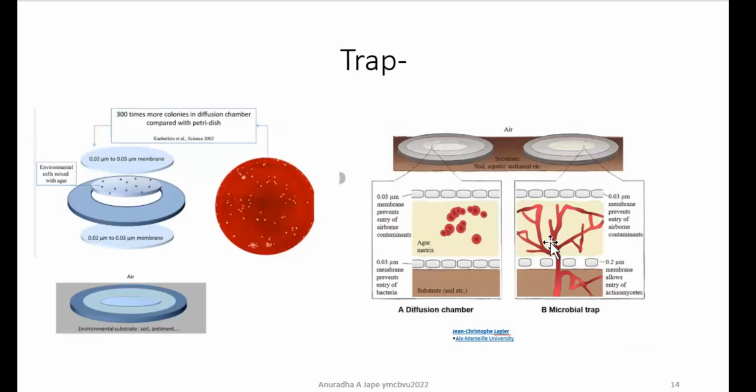But if you use a microbial trap that allows the movement of fine microbial structures like hyphae of actinomycetes, they are allowed to pass through the pores of the membrane. So these blue blocks are nothing but the matrix of the membrane. So here the gaps are nothing but the pores of the membrane. So actinomycetes are growing here, and their filament can pass through the 0.02 micron layer. So depending upon the requirement, such modifications have been made in the designs of diffusion chamber and traps, right?